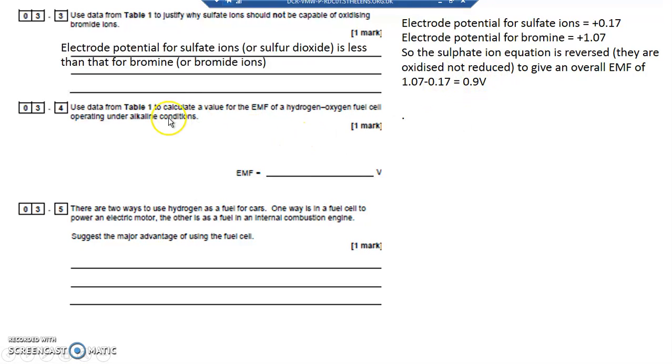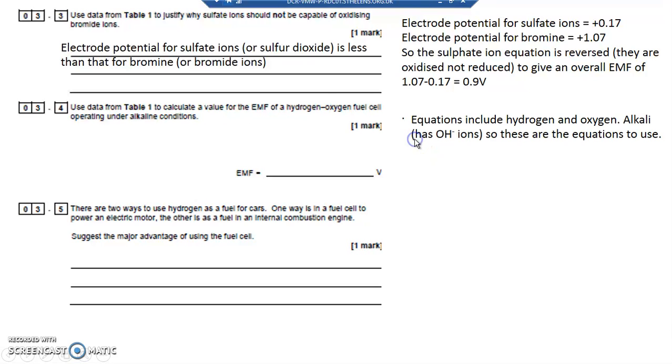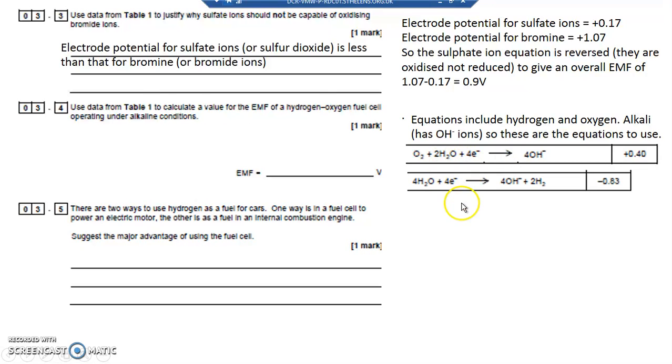Calculate the value of the EMF of the hydrogen-oxygen fuel cell operating under alkaline conditions. You need something with hydrogen and oxygen in the two equations, and alkaline conditions, alkali is OH minus. So the two equations to use are these. Which one's going to be reversed?